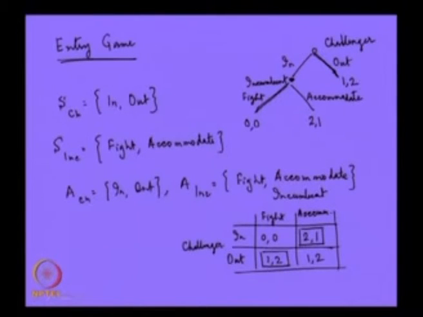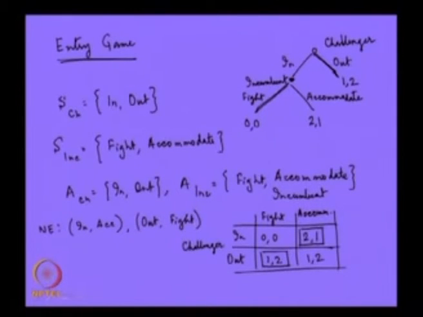The other action profiles, that is in fight and out accommodate, are not Nash equilibria. So, the Nash equilibria of this game are the following: in, accommodate, and out, fight.